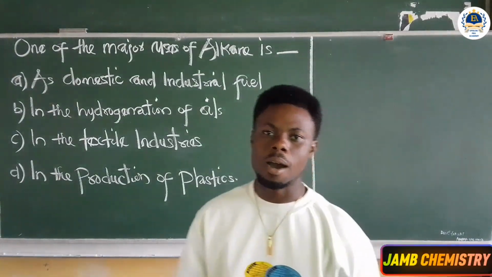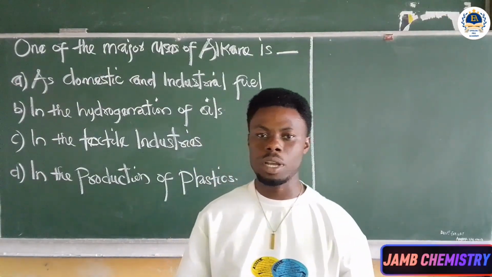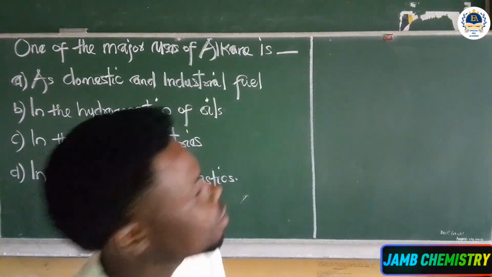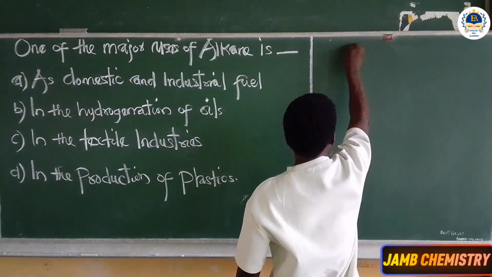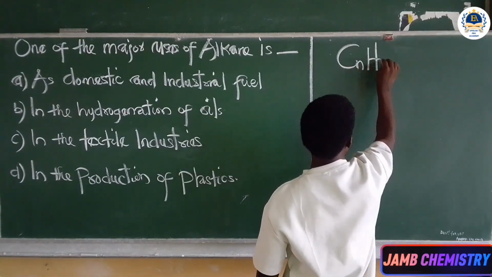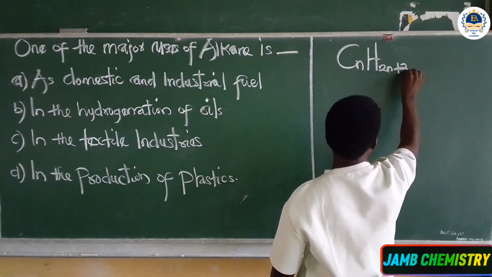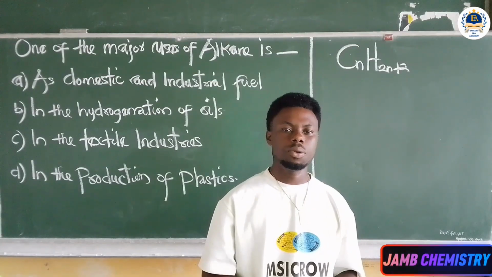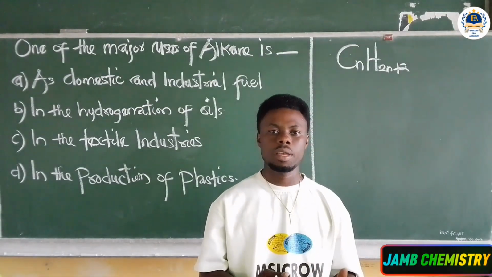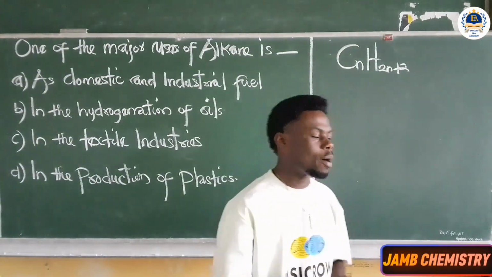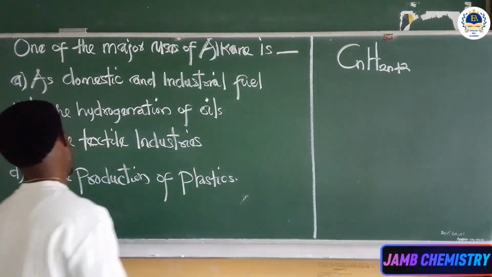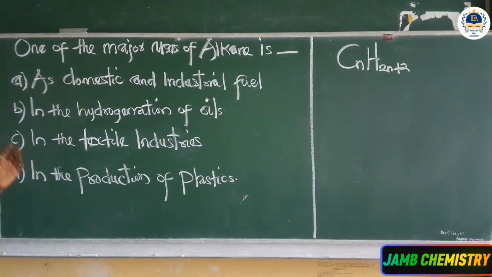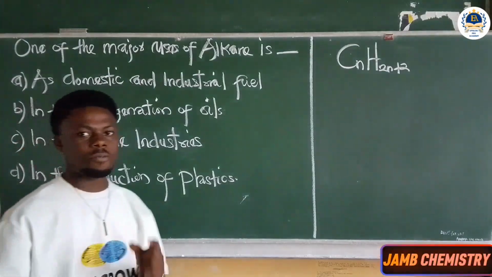Now, alkanes are saturated hydrocarbons with the general formula CnH2n+2. They are also known as the paraffins. So the major use is fuel, from cooking gas, for example diesel and petrol. So the correct option is option A, as domestic and industrial fuel.